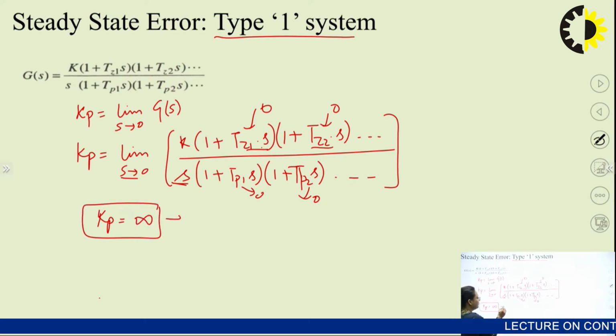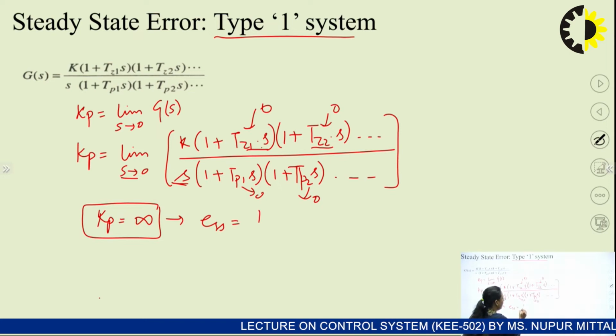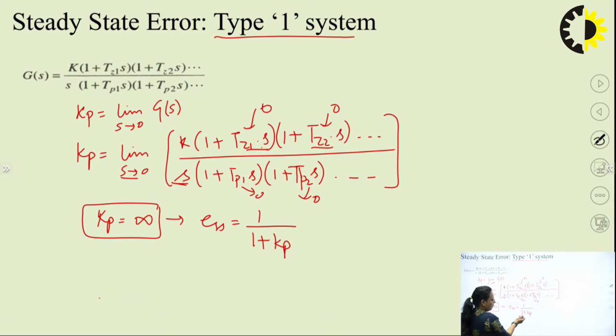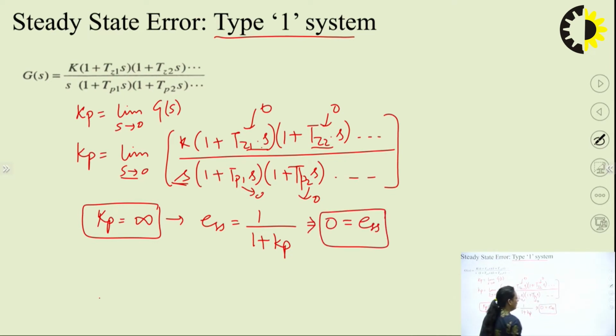The corresponding steady state error formula is 1 upon 1 plus Kp. When I add something to infinite it remains infinite, and something upon infinity is equal to 0. So for type 1 system, the positional error coefficient will be infinite and the corresponding steady state error will be 0.